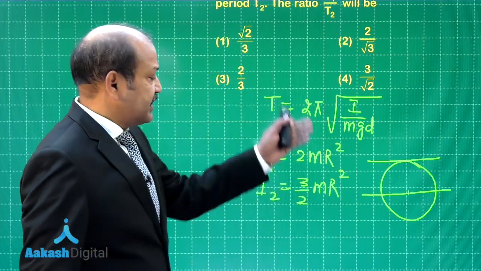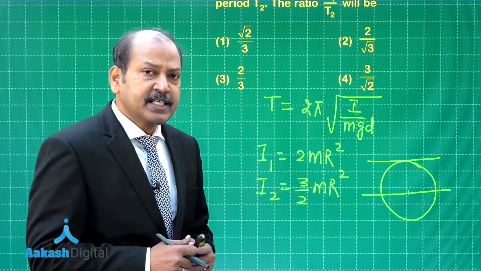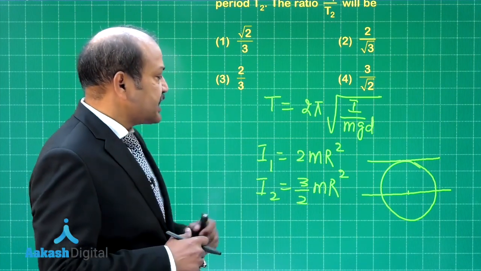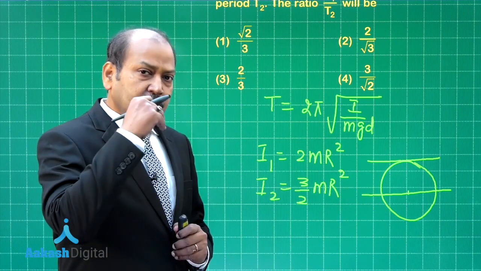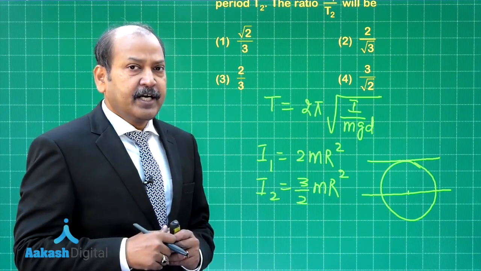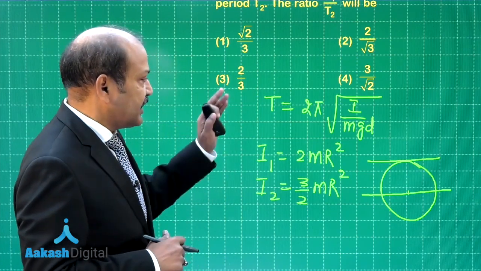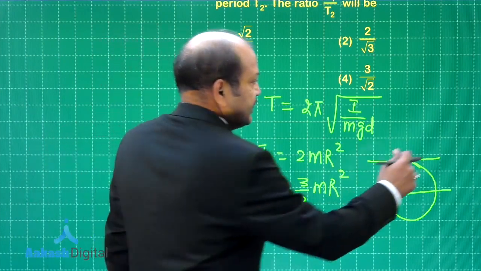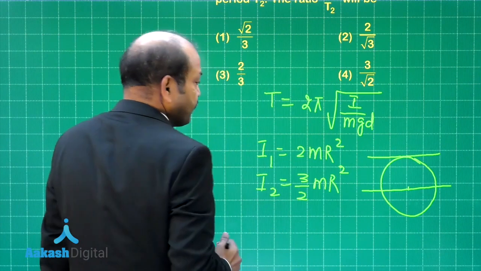Now we can see from here, since d is the same and other quantities are the same for the two oscillations, the ratio of the time period is in fact the same as the ratio of the moments of inertia, but we have to take the square root. In fact, let me put it this way, the time period is directly proportional to root I. We are supposed to find T1 by T2.